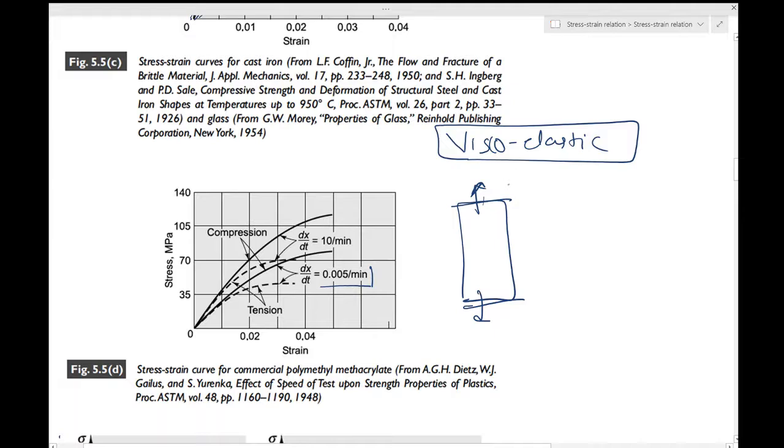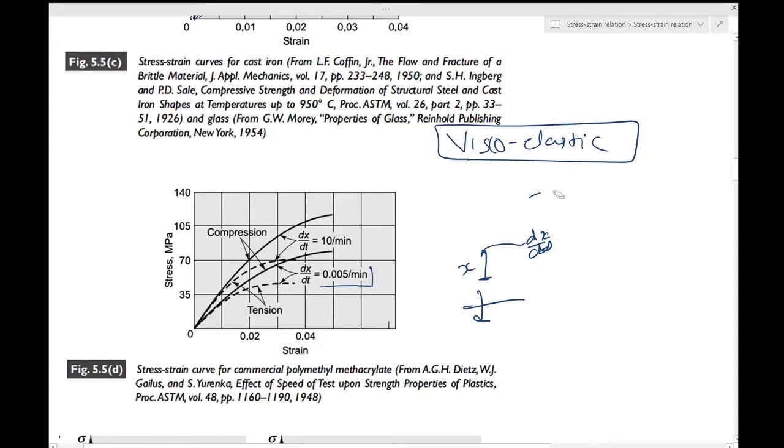That rate is dx by dt, so this is what the strain rate is. If it's a uniform system, and if this is your initial gauge length x, this dx by dt is what it is. So for a uniform case you can calculate it.